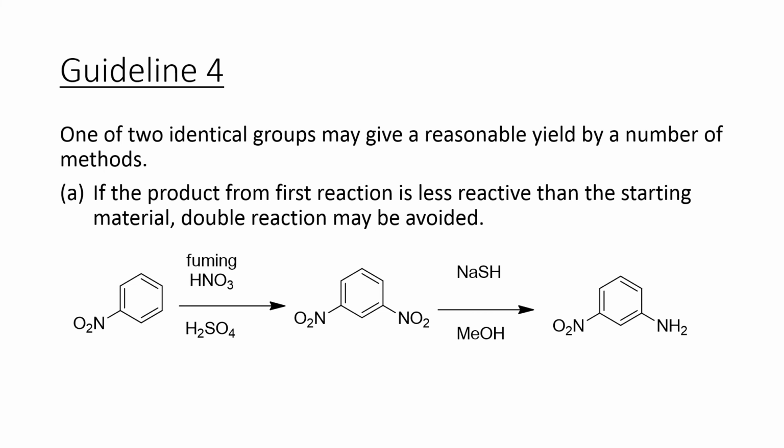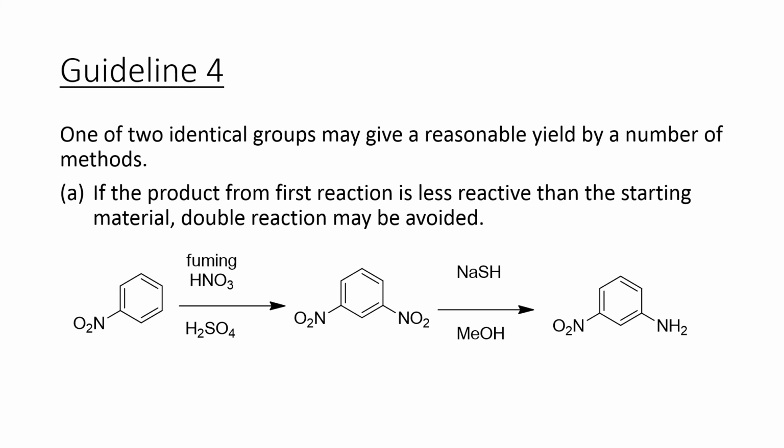Now here you see that there are two nitro groups, and one of the nitro groups is reduced into the NH2 group while one nitro group is not reduced. So here the two groups' reactivity has become different.